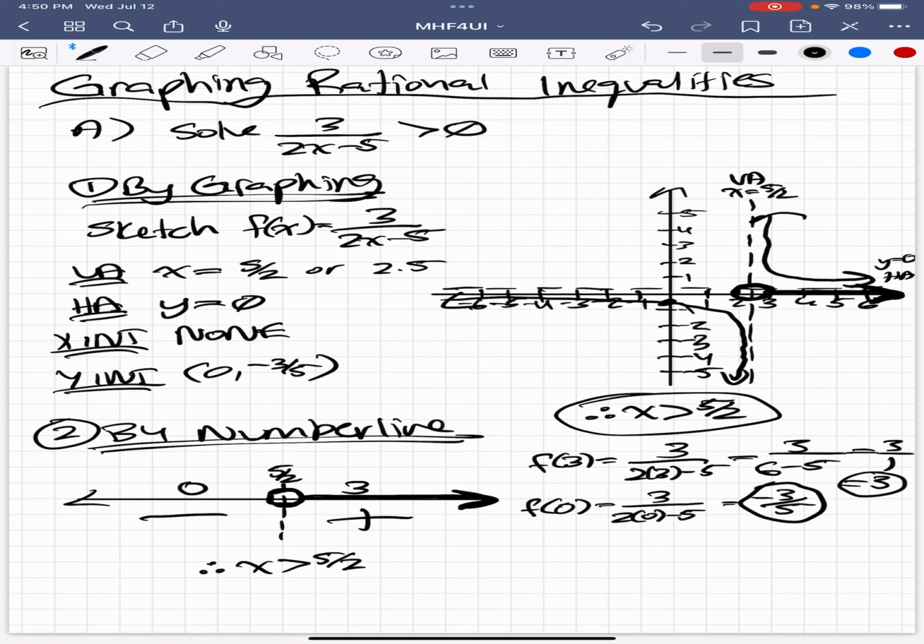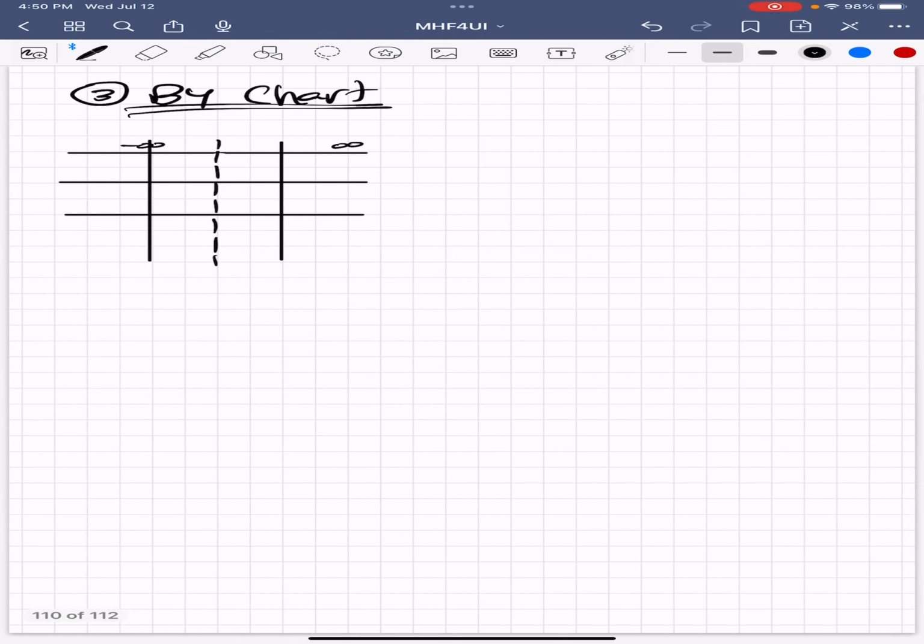And now we're going to solve by chart. So we put our numerator in here and our denominator there. Three is positive, and there's no substitution there. When we sub in 0 into 2x minus 5, our answer is negative, and when we sub in 3 into 2x minus 5, our answer is positive.